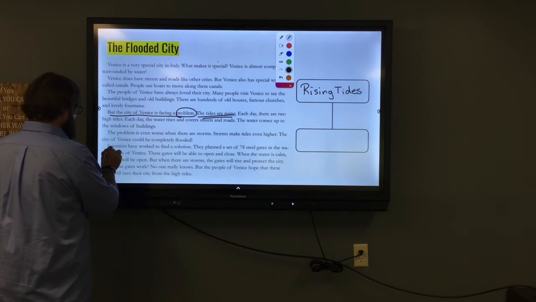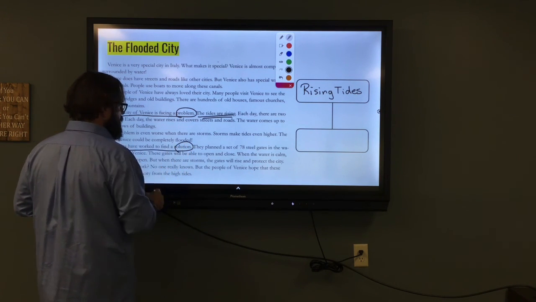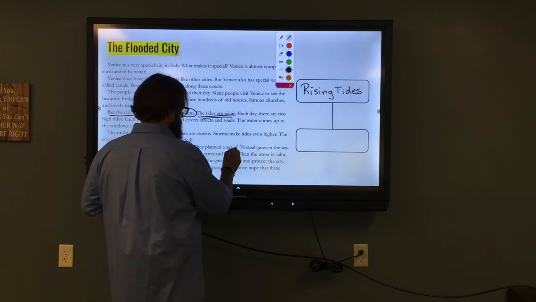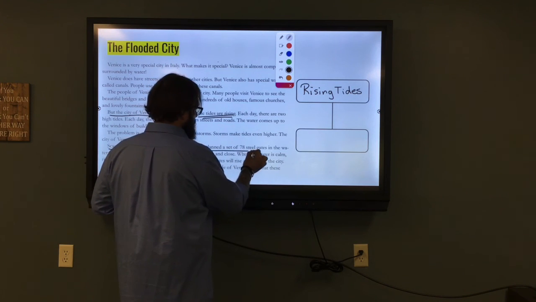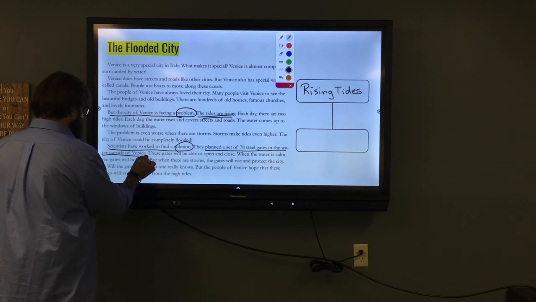Well, guess what? The passage also directly tells us the solution. In this case, only one solution is presented. So it says they planned a set of 78 steel gates in the water outside of Venice.